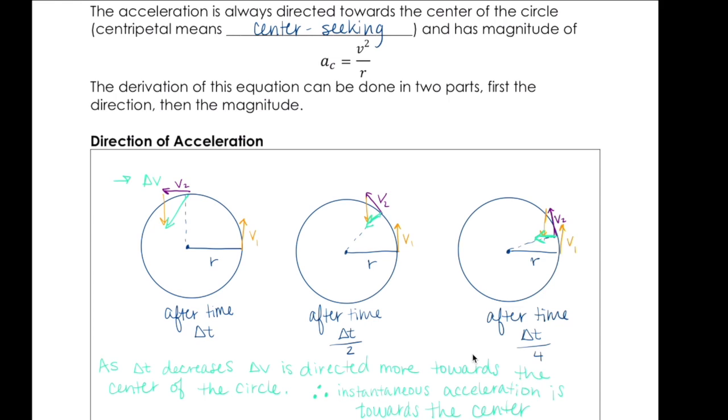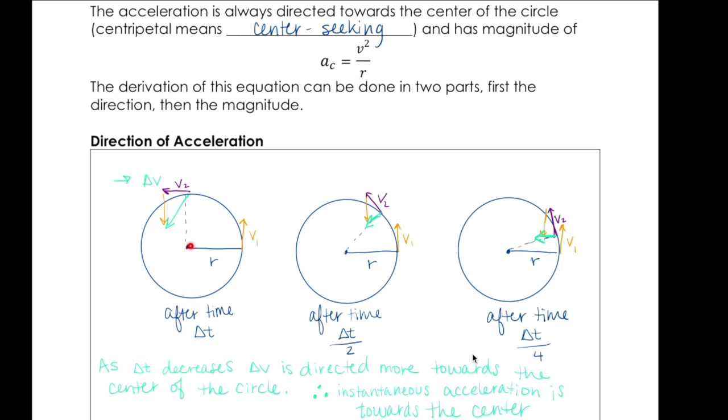So we have v2 minus v1, which is why this v1 is in the downward direction: if we're subtracting, it would be in the opposite direction. Our resulting change in velocity, delta v, would be this arrow. It's pointing inwards, but not completely to the center.